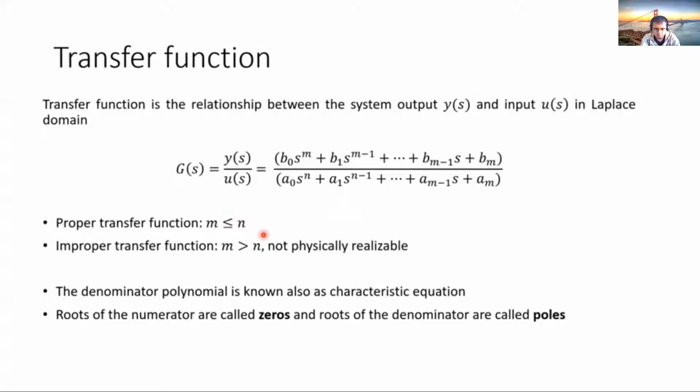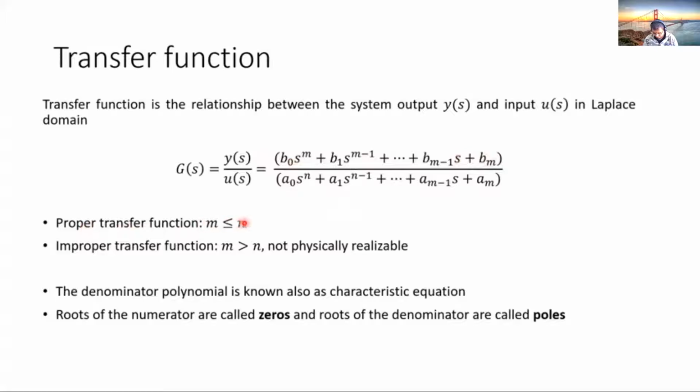Some important properties of this transfer function is that we can talk about proper and improper transfer functions. In theory, every time that we want to work in mechatronics, our transfer functions should be proper. It means that the order of our denominator is always greater than or equal to our numerator degree.